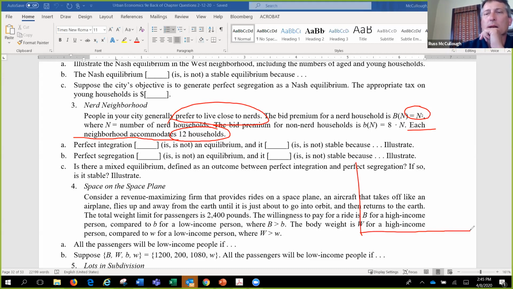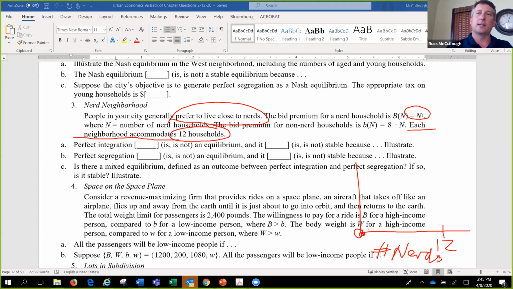So this is 12, and this is the nerd side. If we're at this point, we've got the perfect integration, where this is the number of nerds. Yeah, so 24 is what I was looking for. It's 24 in each neighborhood.